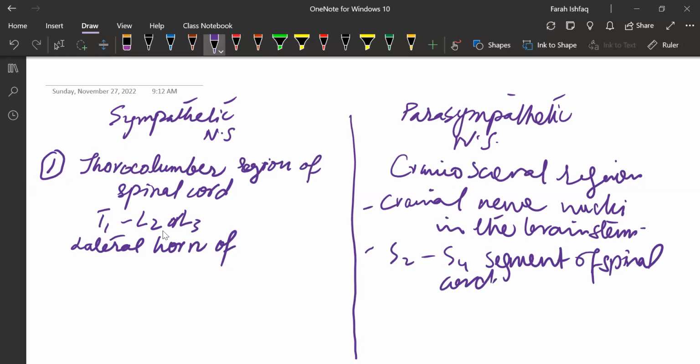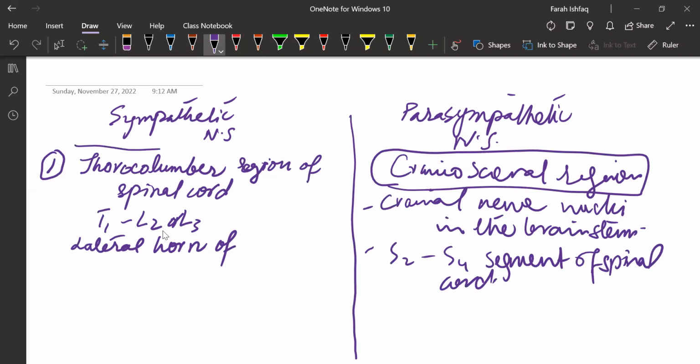So this is the craniosacral outflow of the parasympathetic nervous system, while in the sympathetic nervous system the outflow is from the lateral horn of the thoracolumbar region of the spinal cord. In the sacral segments S2 to S4 there is no lateral horn visible, although autonomic neurons are present.